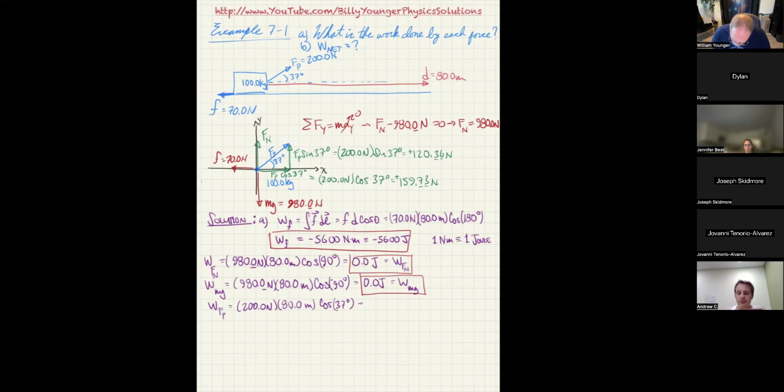So you could actually say this is 159.73 times 80. In this case, I'm just going to take it as it is. It is, in fact, 1.278 times 10 to the 4th joules, and that's equal to the work done by FP.